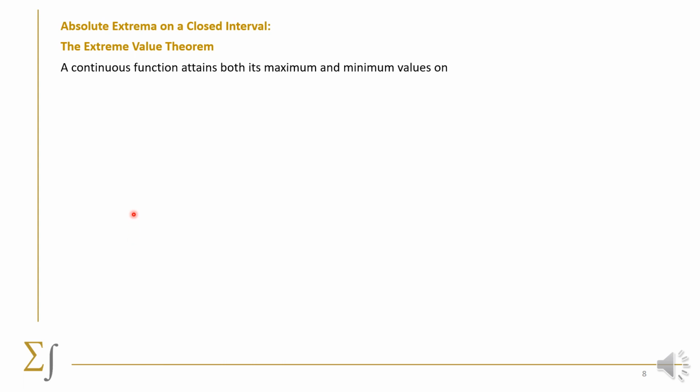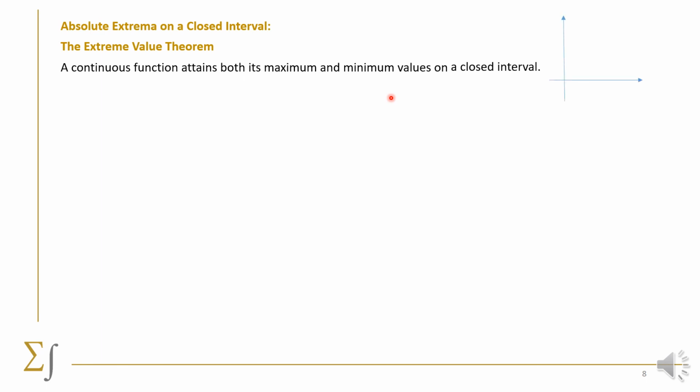Move on. We take the absolute extrema on a closed interval. Here we have the extreme value theorem. It says that a continuous function attains both its maximum and minimum values on a closed interval. Let's see the graph here.